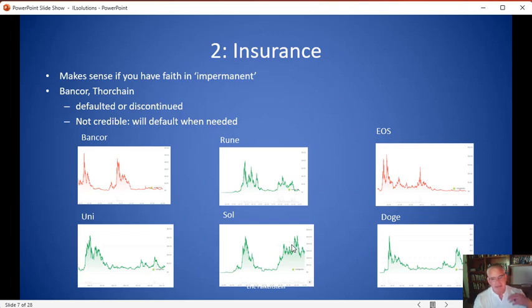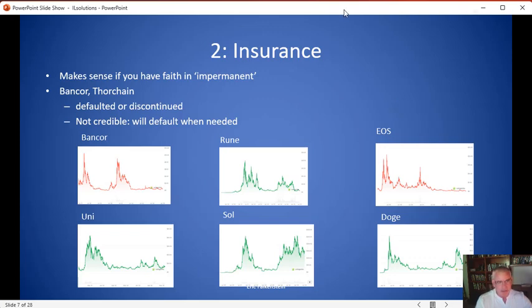So if you think that's just a pattern, that crypto is destined to be mean reverting and always come back, then yeah, you can offer insurance on this because it's kind of costless. But that's just a mistake. If asset prices were truly mean reverting, that would be a huge arbitrage opportunity. It's kind of delusional to think that. Both Bancor and Thorchain offered this, and they both had to discontinue it.